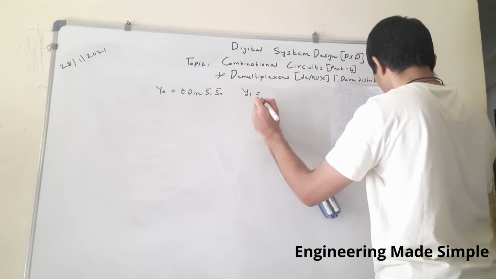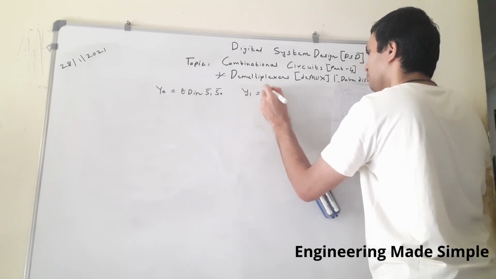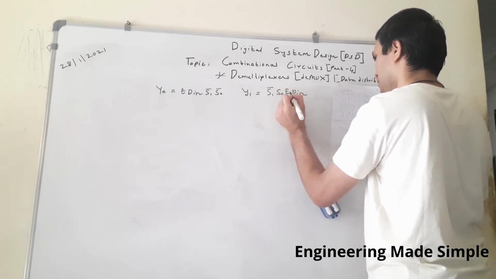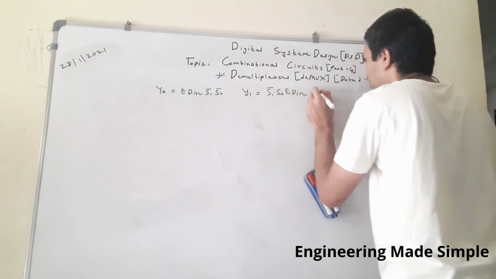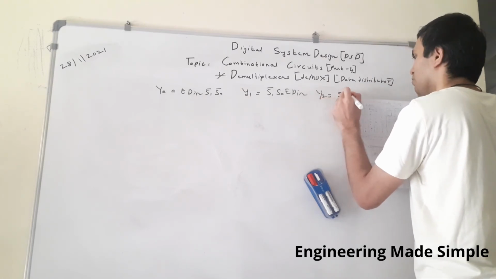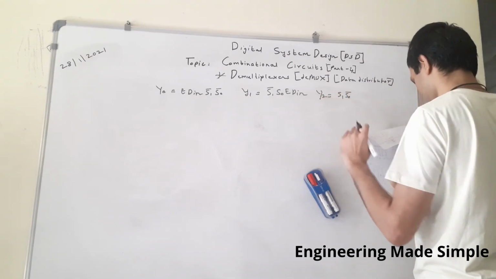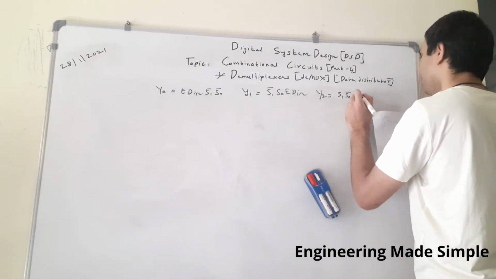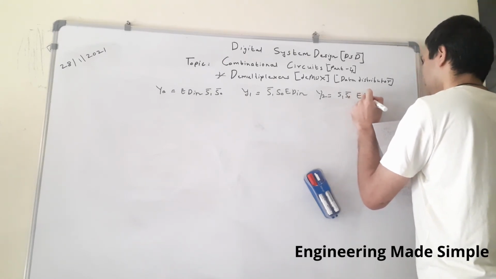Y1 was S1 bar S0 E into D_in. For y2 it was S1 S0 bar E into D_in.